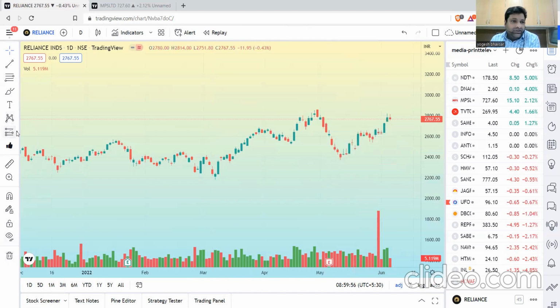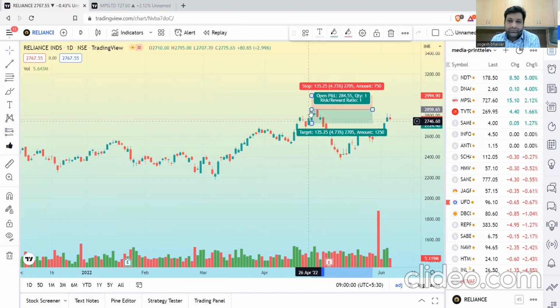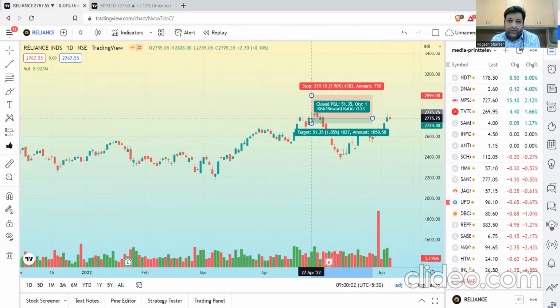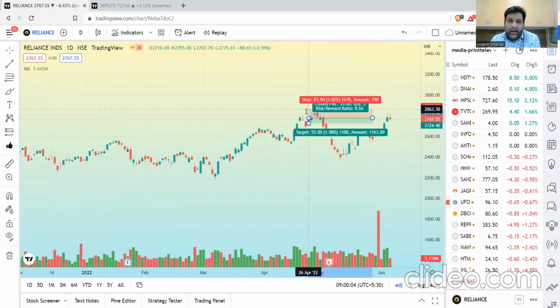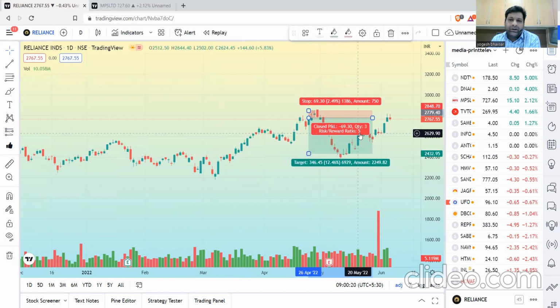Now, on the opposite side, you can also do the same. If you are short over here, and you're keeping a risk of say around 2.5%, and consider you are doing 5:1, what are we going to do? Just keep dragging it down till you see a ratio of 5 over here.